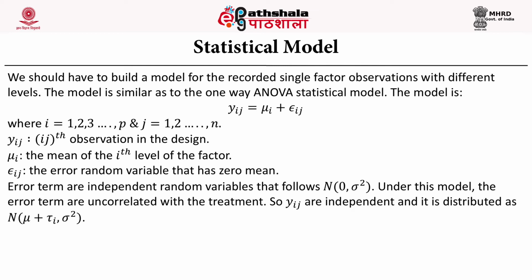The error terms are independently distributed random variables that follow normal(0, sigma squared). Under this model, the error terms are uncorrelated with the treatment, so y_ij are independent and distributed as normal(mu plus tau_i, sigma squared).